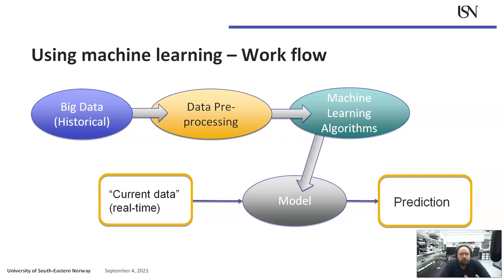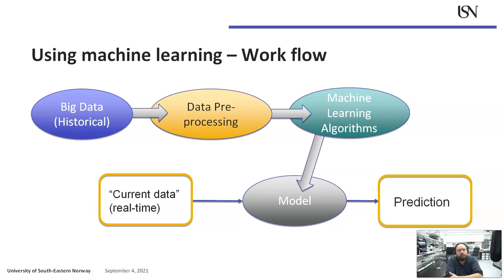So if you want to apply machine learning, what we do is always, of course, start with a set of data. And here I have omitted the collection of the data, which is, of course, quite a big sin of omission, because, as I mentioned before, collecting the data is an extremely important part of machine learning. If you don't collect data in a way that ensures that the knowledge you want is in the data to begin with, then all hope is lost.